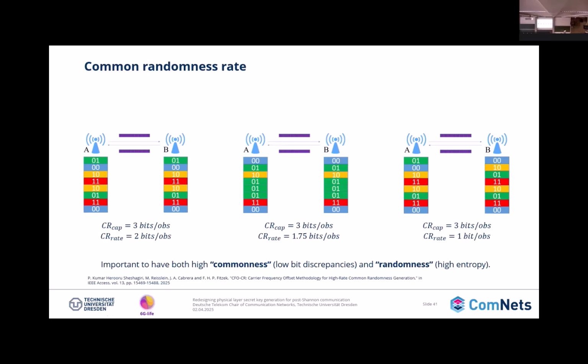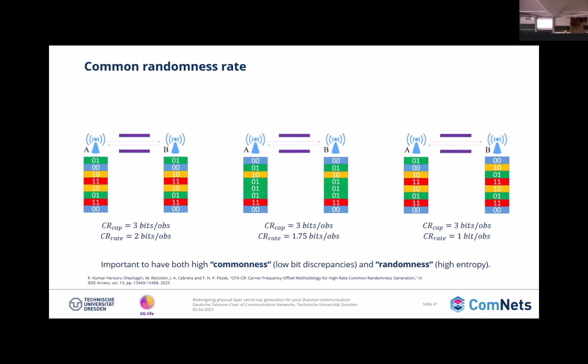On the second part, we have a common random variable which has low entropy but also very low bit discrepancy. That's an indicator that the entropy is low, so that's why the common randomness rate reduces. And on the third part, we have very high entropy, but also very high bit discrepancy. So that also reduces the common randomness rate.